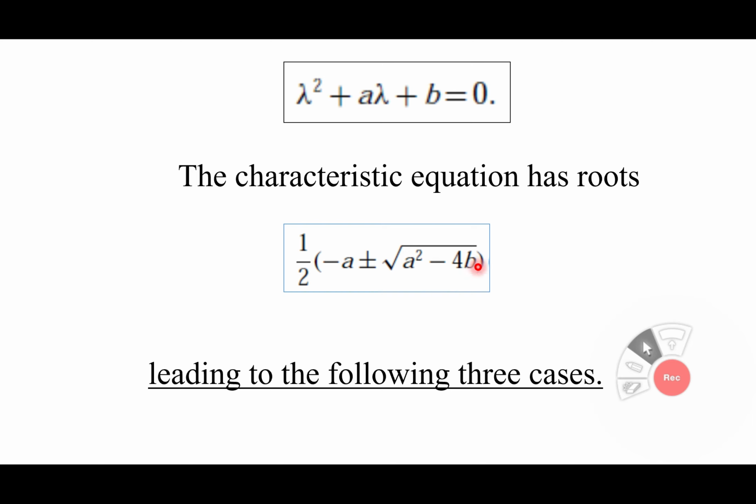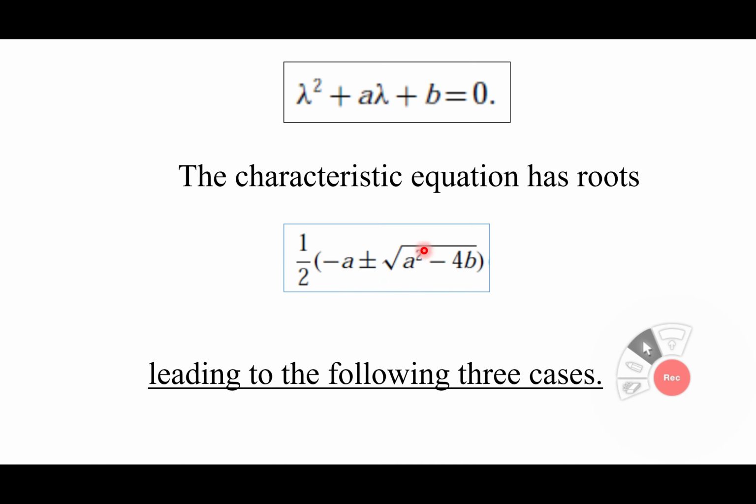We are going to look deeply at these two roots. We have two signs here, which means that we have two roots, and we have a term under the radical, a squared minus 4b.